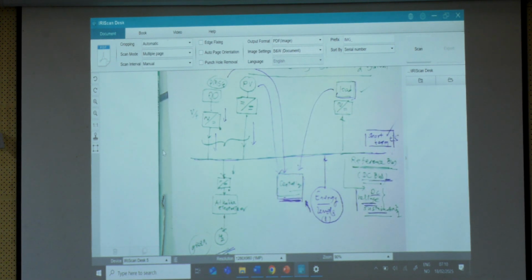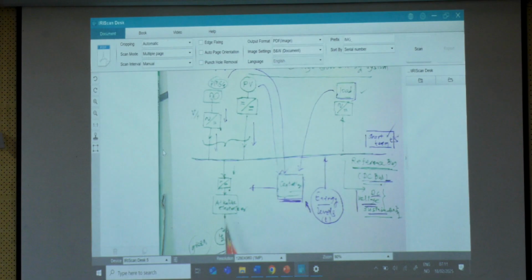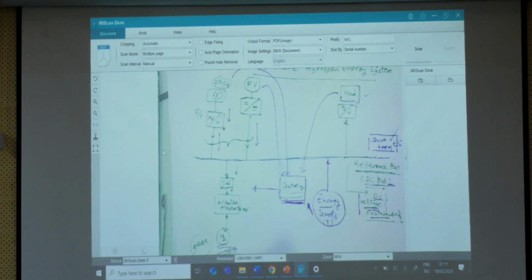Based on that, this controller can make the decision for transferring that excess energy, with reference to the load, to the electrolyzer. For what purpose? To produce the green hydrogen.